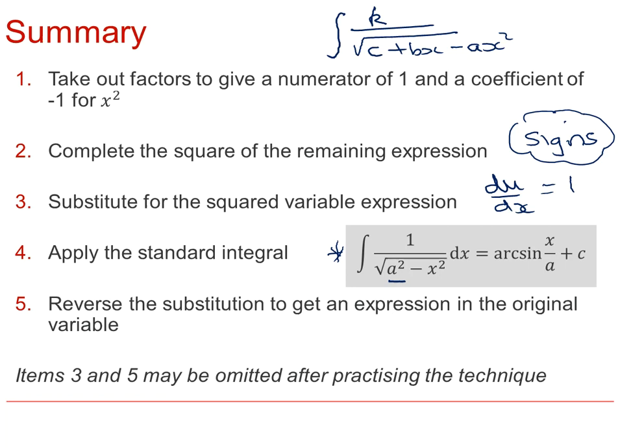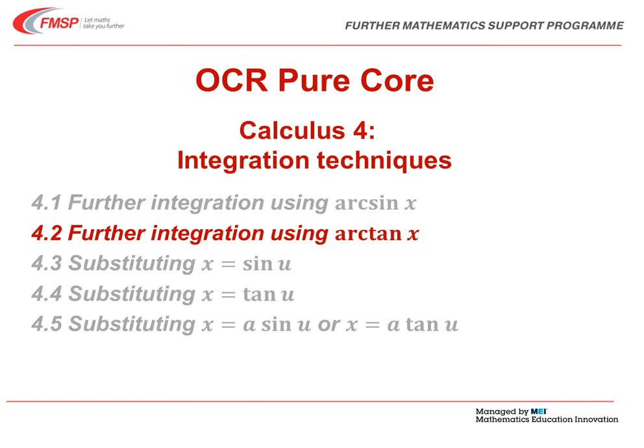If I did use a substitution, I would then have to reverse that to get an expression in the original variable, usually x. I note that items 3 and 5 may be omitted after practicing the technique, as long as I have this situation up here. In the next video, we will look at further integrating using arctan x.